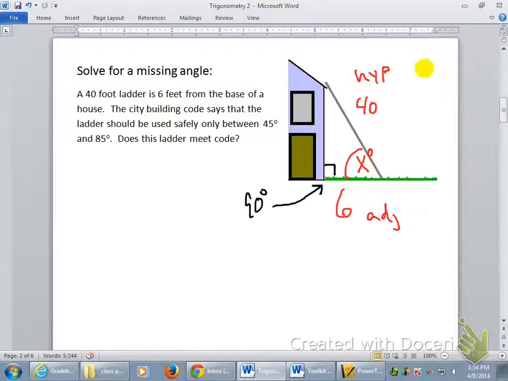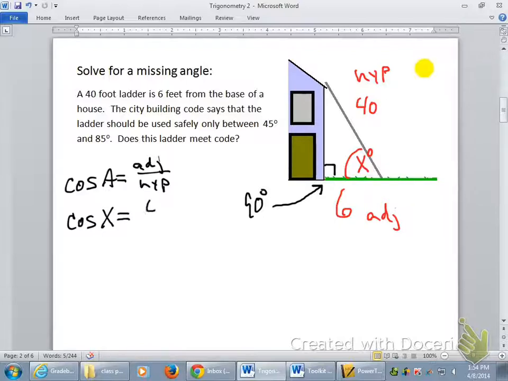Okay, so which one of my definitions best uses adjacent and hypotenuse? That's the cosine. So I want to write down cosine of my angle equals adjacent over hypotenuse. Well, I'm just writing the definition, and now I'm going to fill in the blanks. Cosine of my angle, which is x.